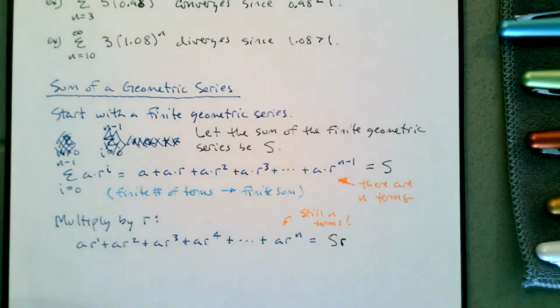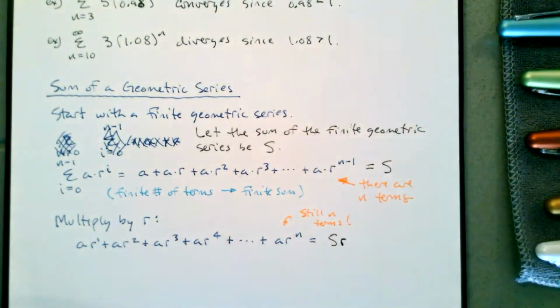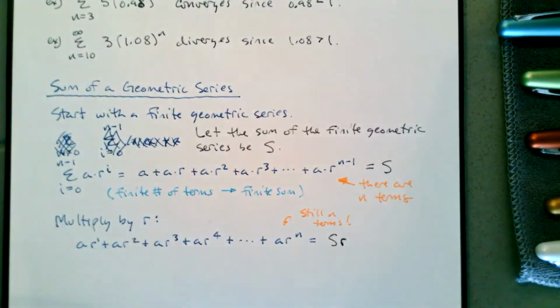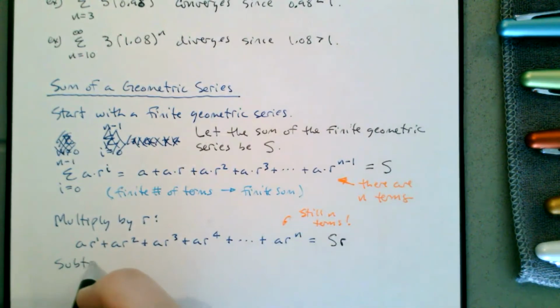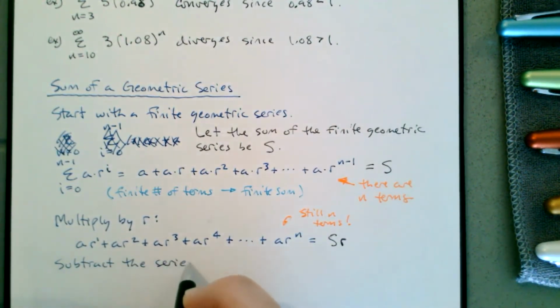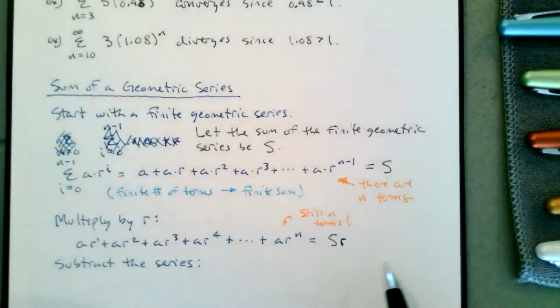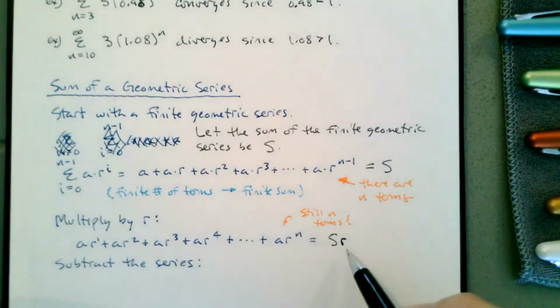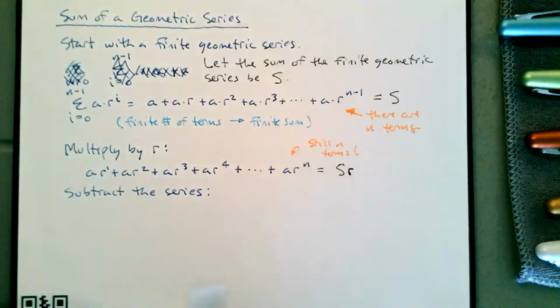So over here, the sum after we multiply by r will be S times r. Now we are going to subtract the two series, the S series and the SR series. I want to take S and subtract the SR. I'm going to subtract the second series from the first series.